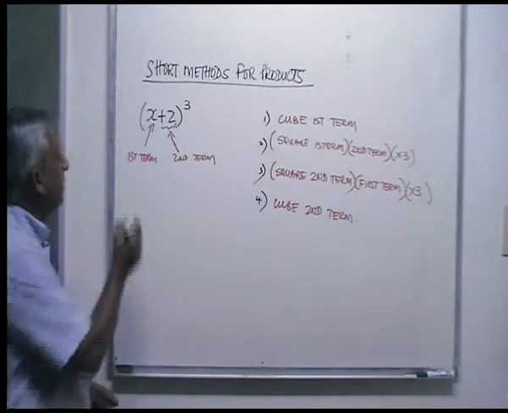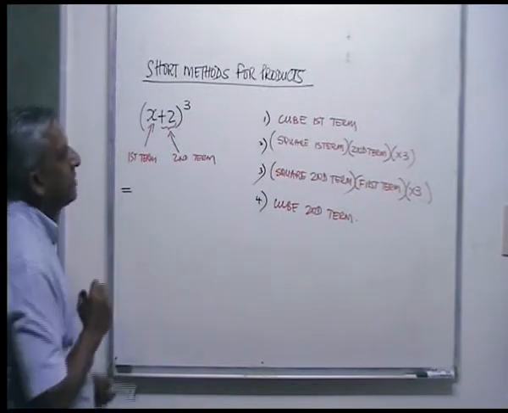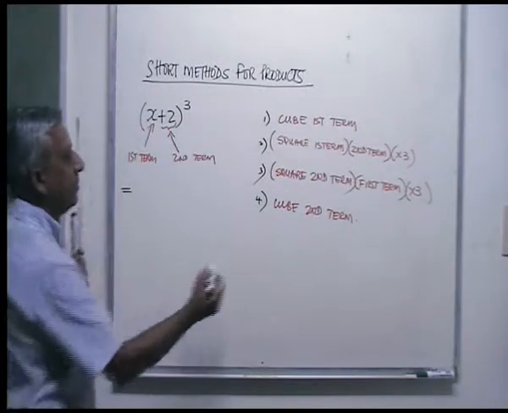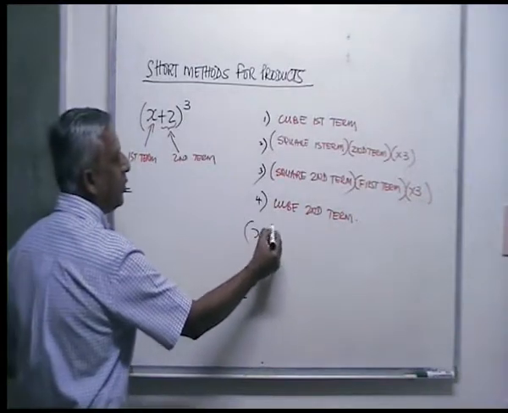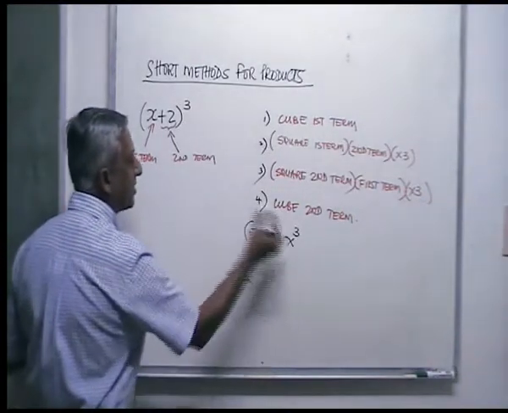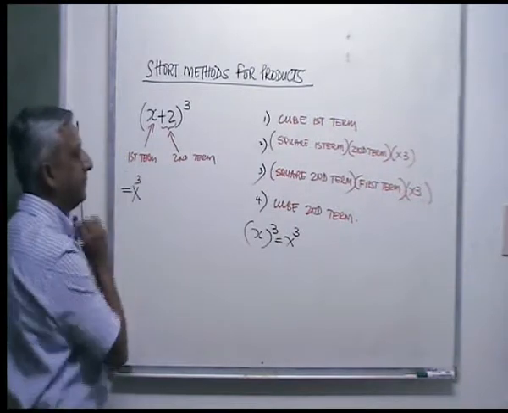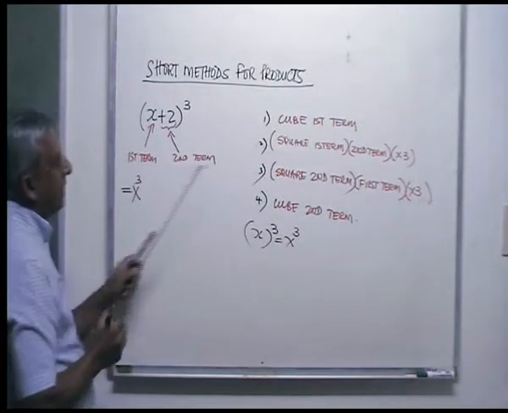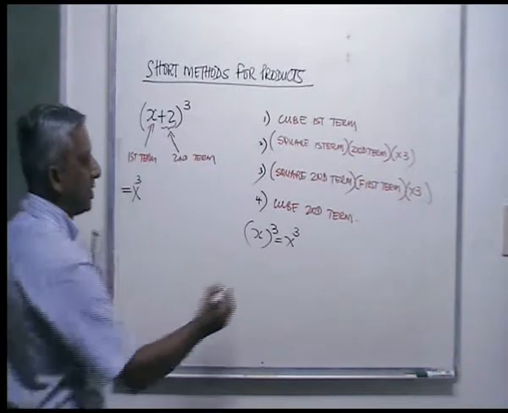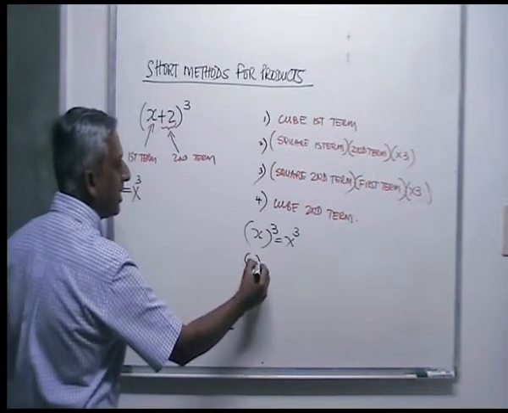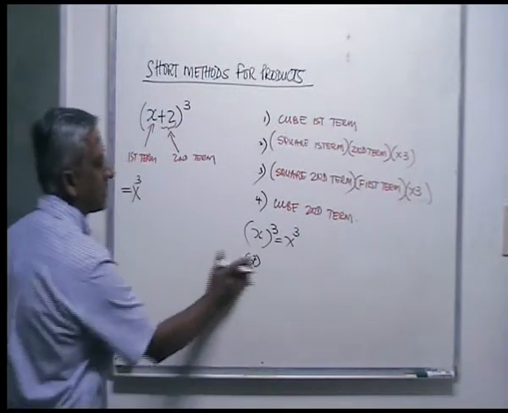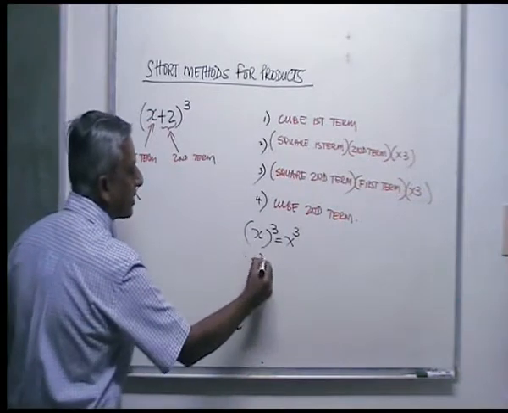Right, so it says cube the first term. That means you take the x and you cube it. So what is that? That's x cubed. So there's the answer. Next one says square the first term. So there's your x, you take it and square it. So it's x squared. Let's write it big. So you've got x squared.